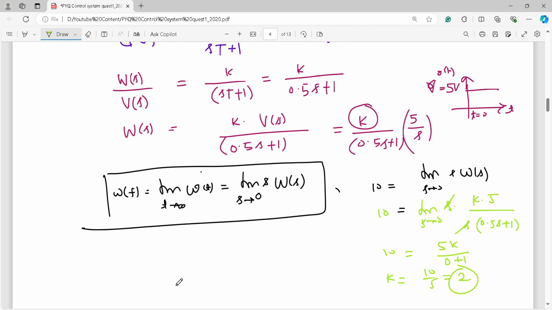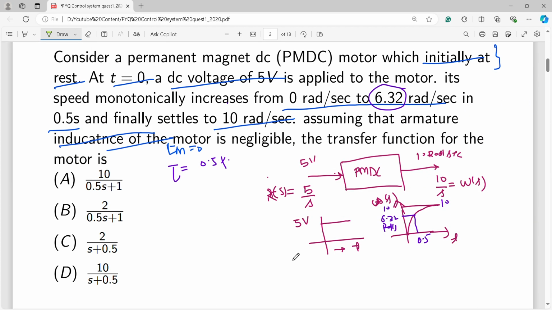So finally we get our transfer function G(s) equal to 2 by (0.5 s plus 1). Our given question answer would be 2 by (0.5 s plus 1). Then the answer is correct; option B is correct.